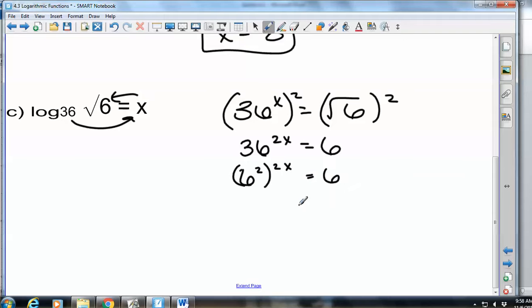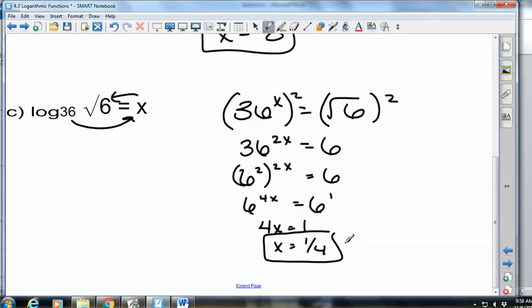That means 6 to the 4x equals 6 to the first. So drop your base, and x is 1/4. Any questions?